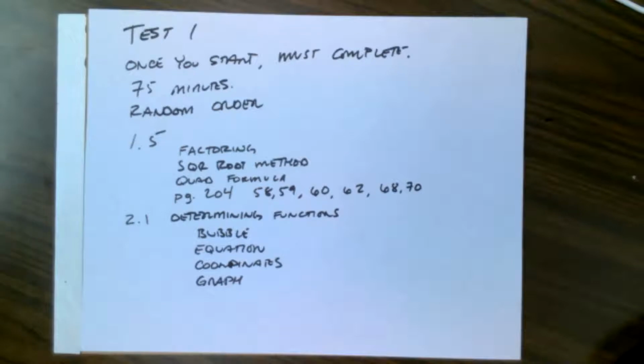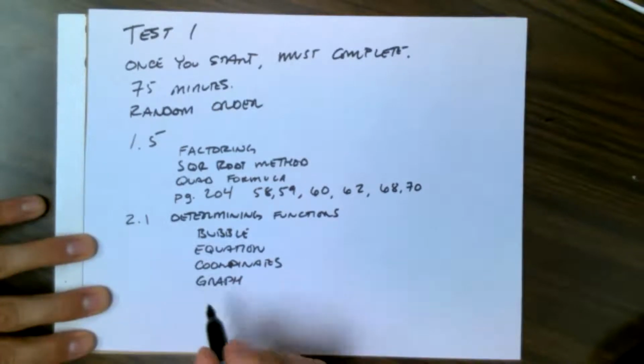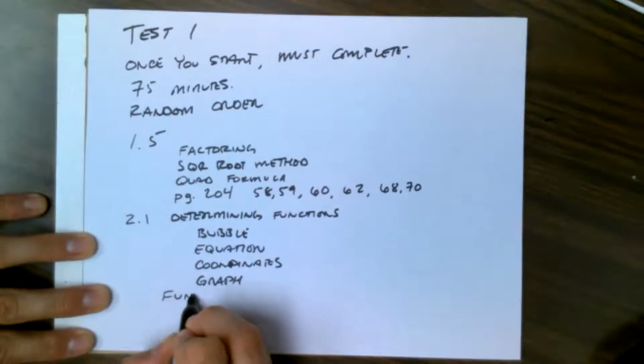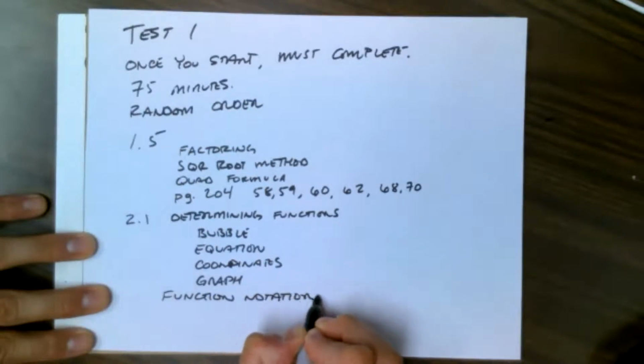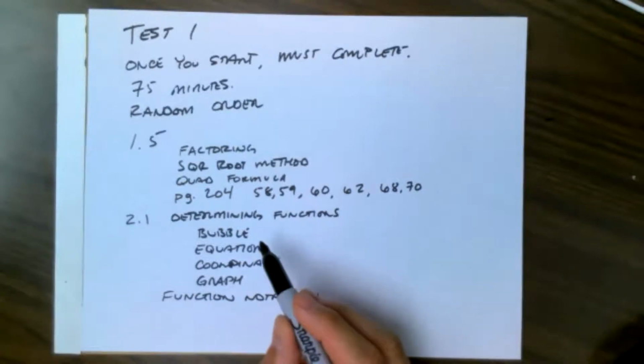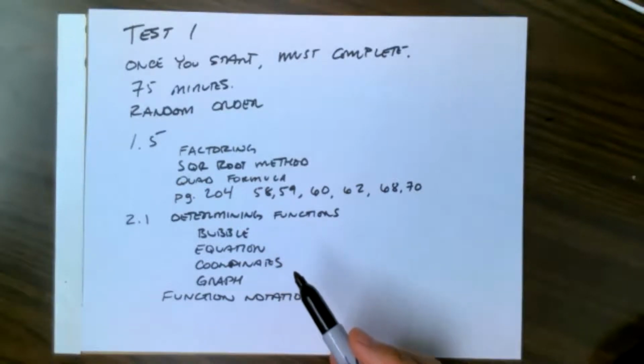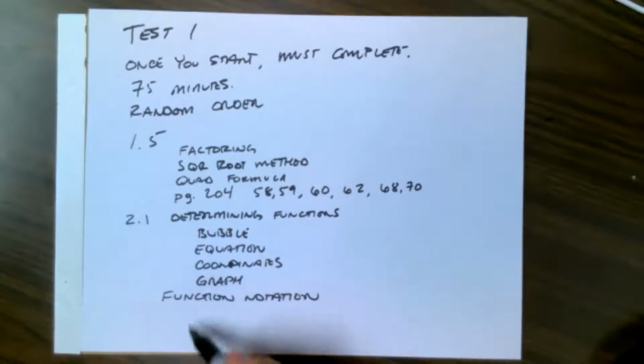Oh yeah, okay, wait, hold on. Then we went over function notation. So for the first 4, I'll put them all together actually, because your book does these in a different order than I would have done them.